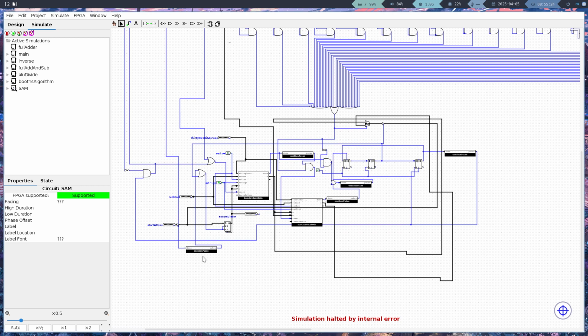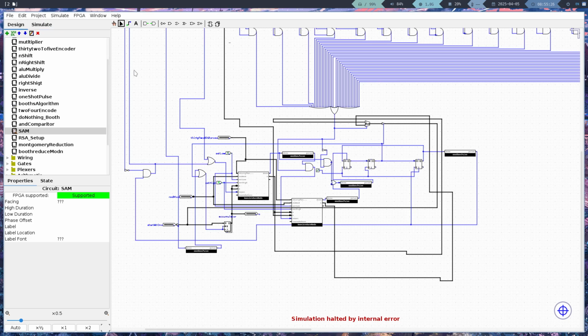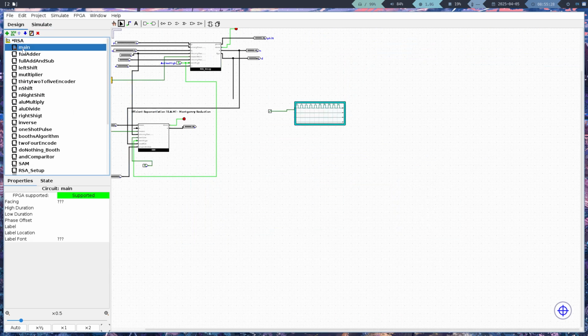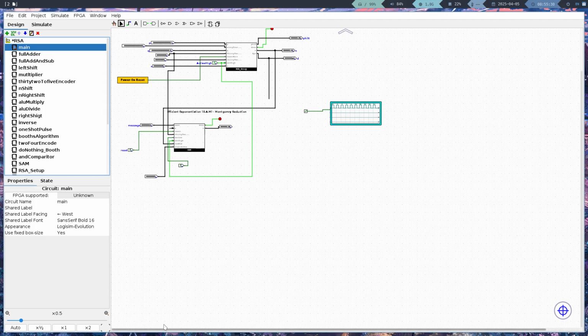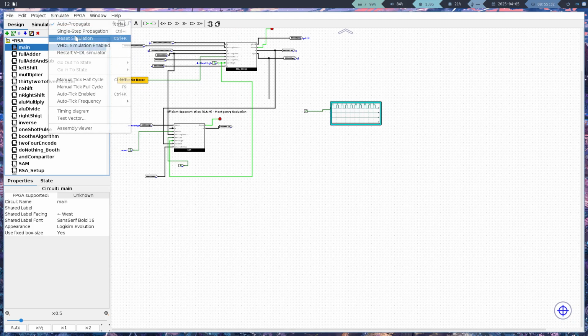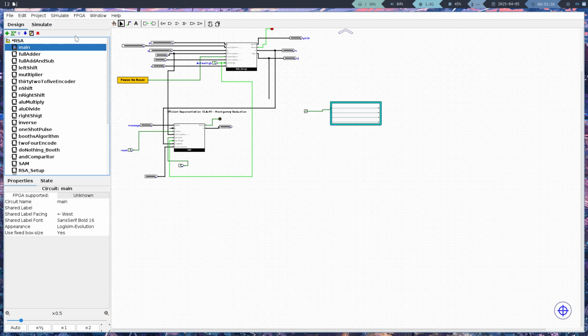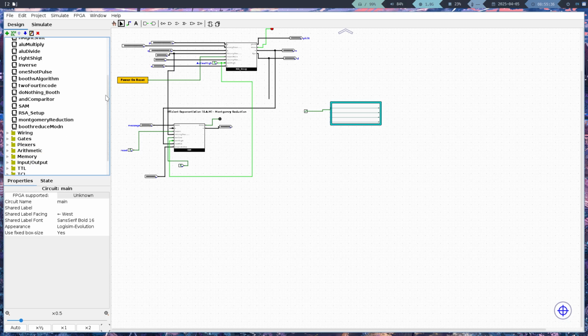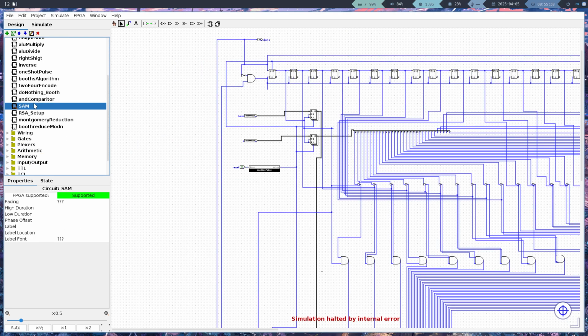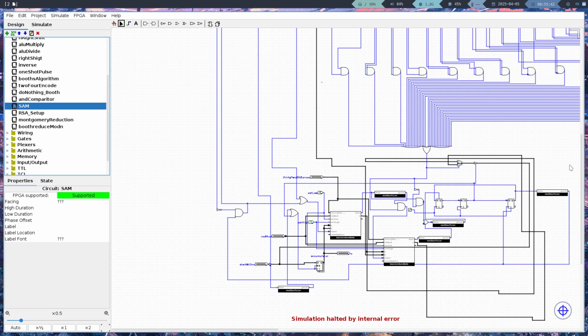Yeah, that's quite weird. I don't know why I'm getting that error. Let me go back to main. So that's fine. Maybe I need to reset from the main. Yeah, maybe let's try that. And then let's come down to square and multiply. Nope.